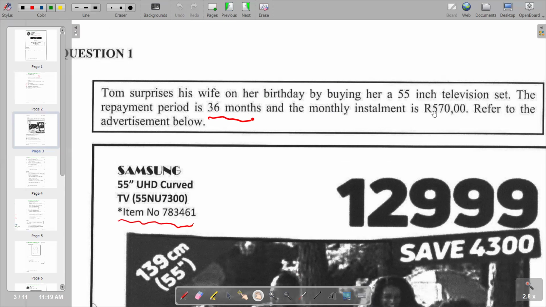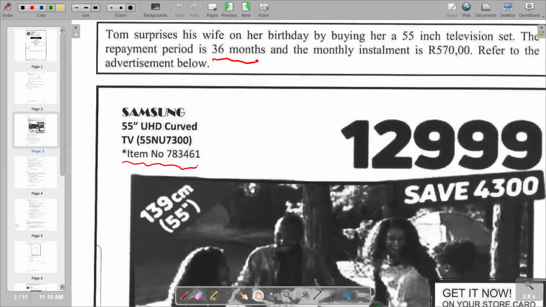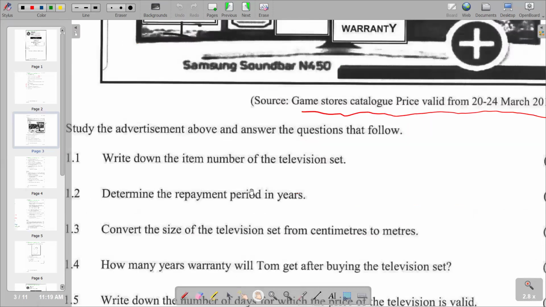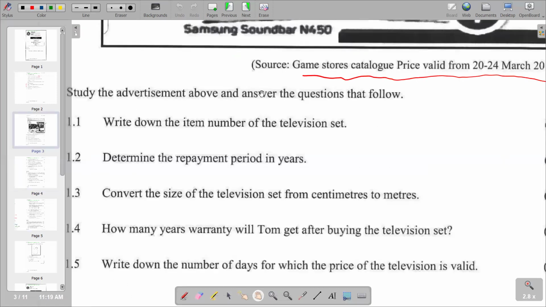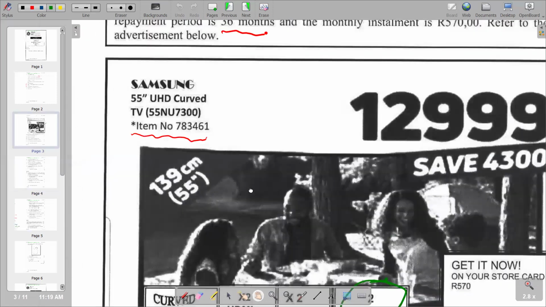So obviously, as simple as that, we're going to say 36 times 570 rands to get the total amount that is going to be repaid after all the installments have been paid. So that's how we're going to calculate it.